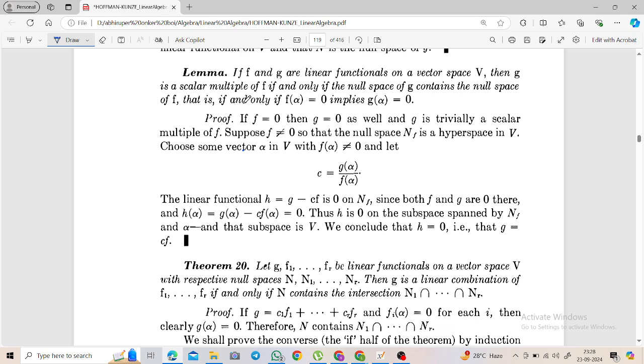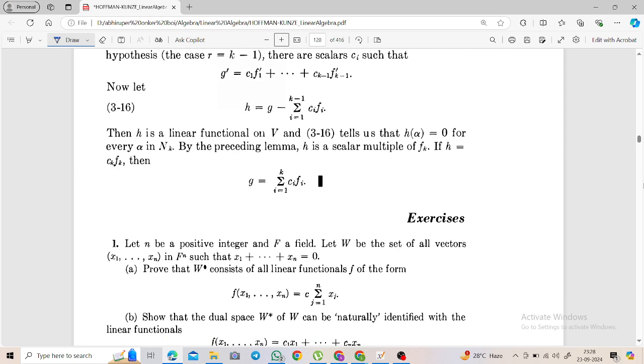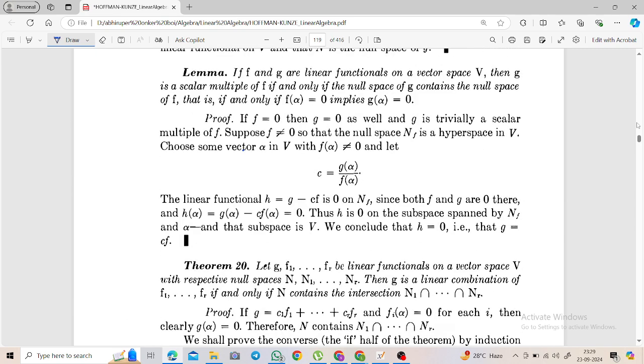Okay. This is a lemma and there is a proof. The lemma is quite easy.